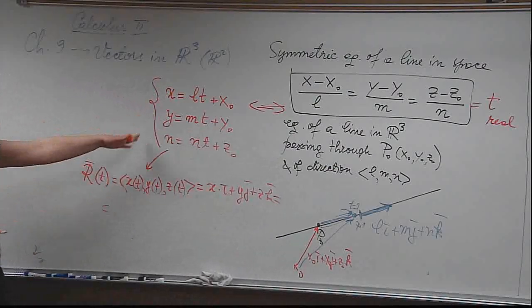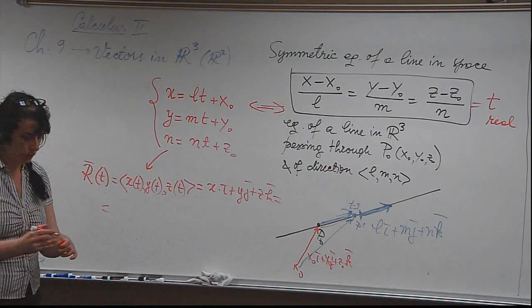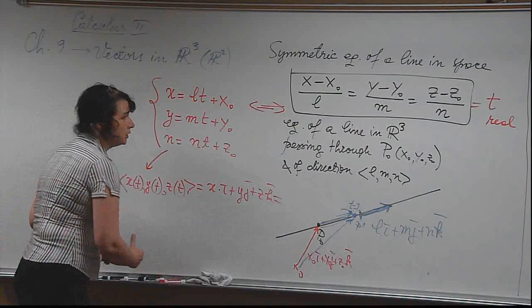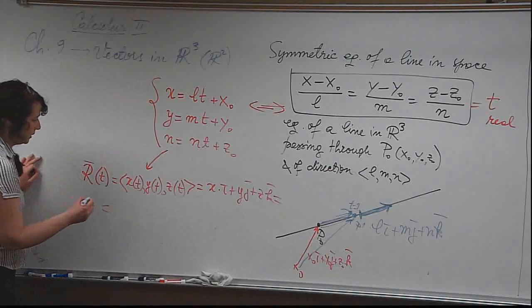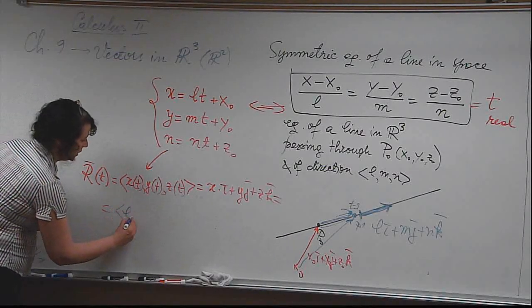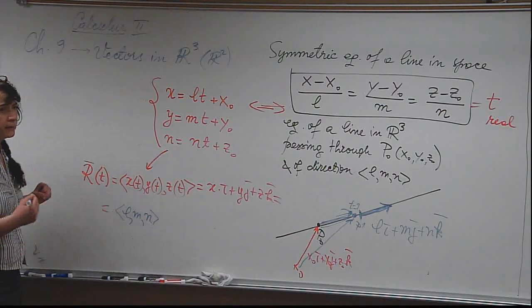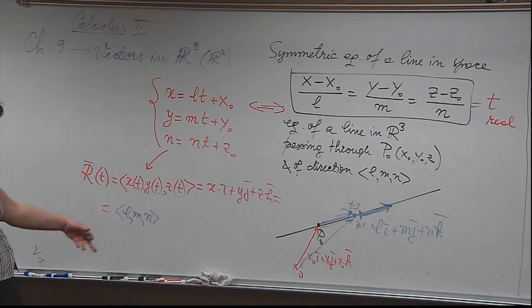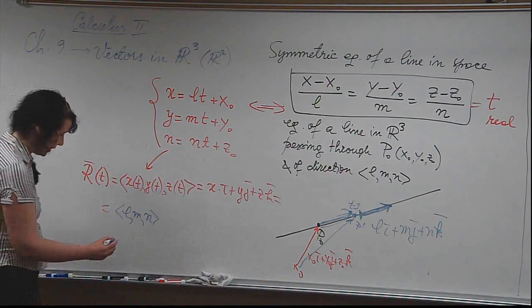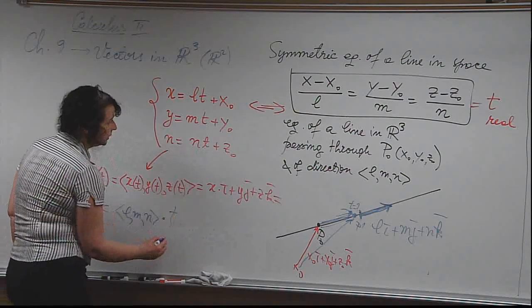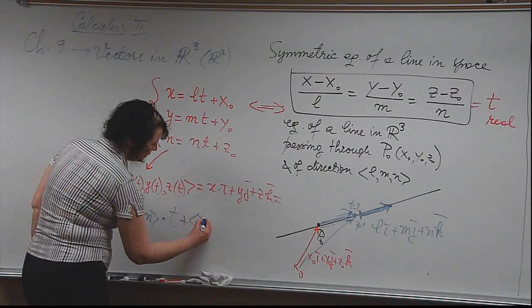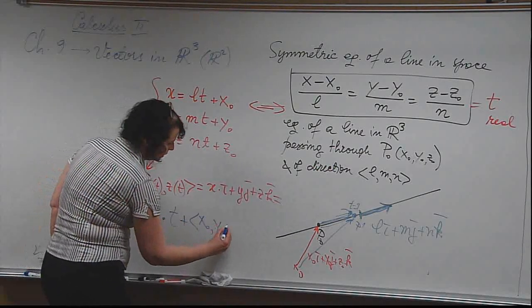And what is this by the actual notations from the parametric equation? This is nothing but a certain LMN vector, that is the vector Li plus mj plus nk, written with angular brackets because I know you like that, times the time t plus the fixed vector x0, y0, z0.